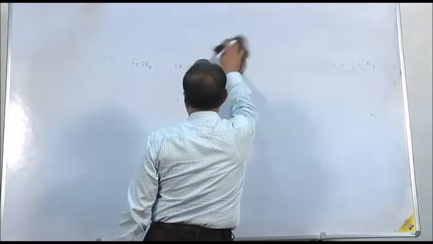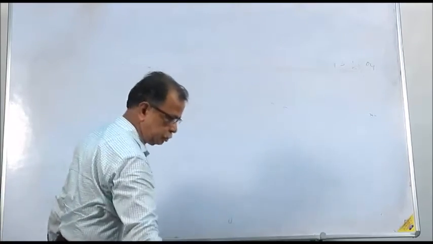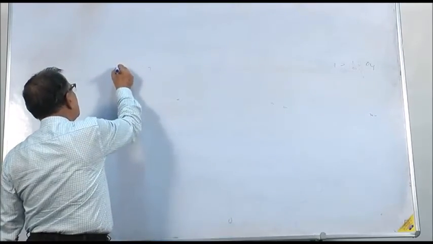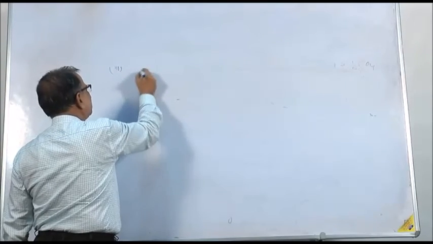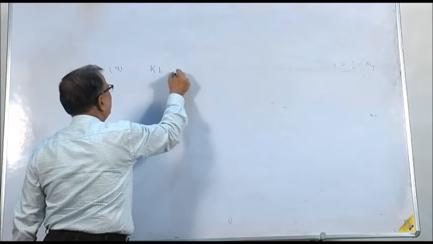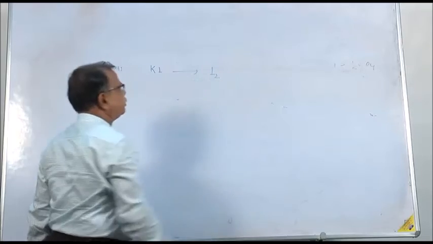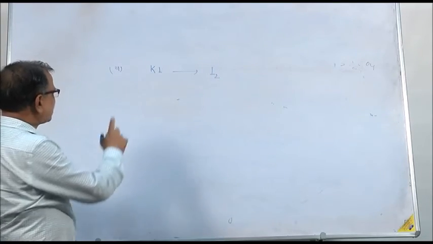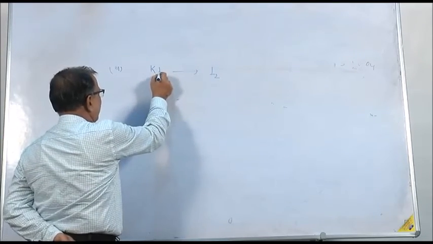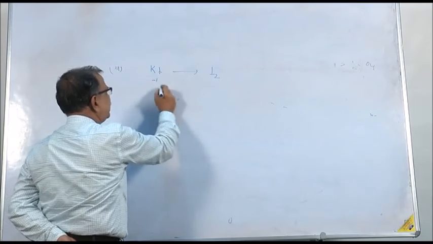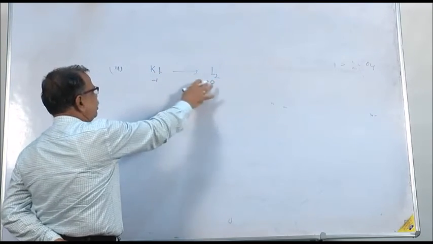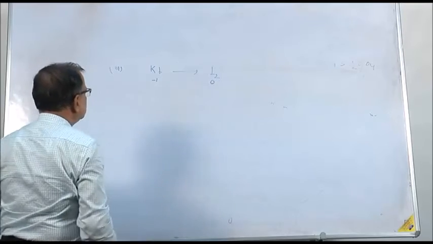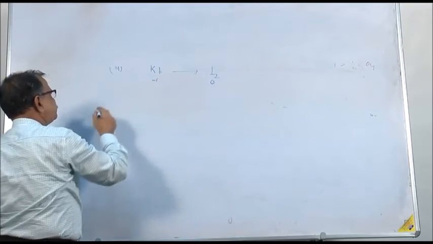it oxidizes potassium iodide solution to iodine. Potassium iodide to iodine. So in potassium iodide, the oxidation number of iodine here is minus 1, here is 0. So minus 1 to 0, it is oxidized.